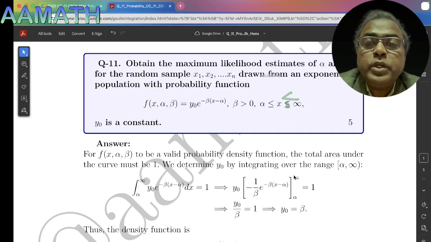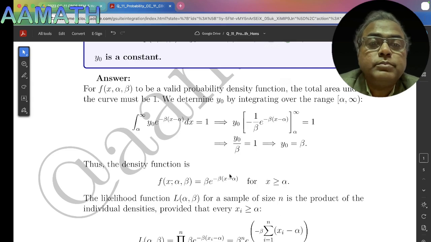For the upper limit we put some constant capital B and let B tend to infinity, and then e to the power minus infinity tends to 0. At x equal to alpha, e to the power 0 is equal to 1. So we get y0 times 1 by beta equal to 1, so y0 equals beta.